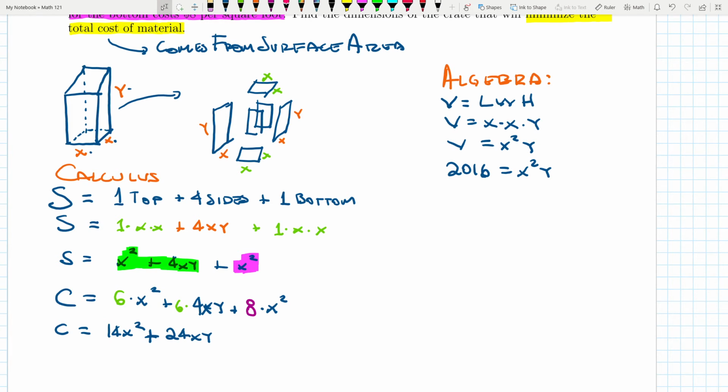You can do it the way you prefer. However, there's an easier and better way to go about this. The easiest way here is to solve for y by dividing both sides by x squared. And in this case, we get an expression for y, which equals 2016 over x squared.